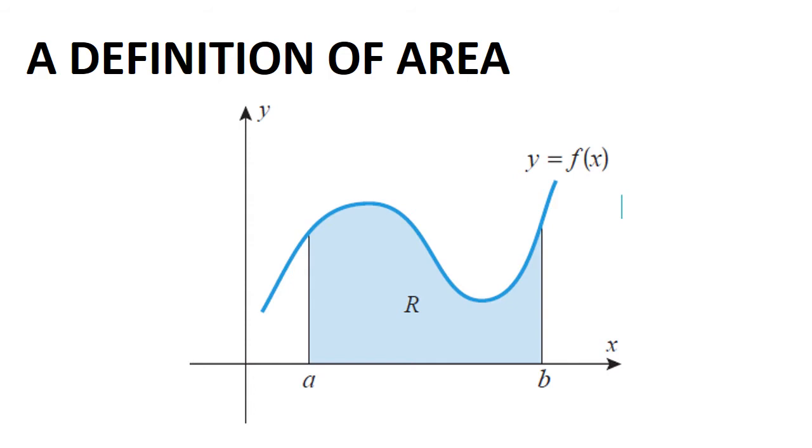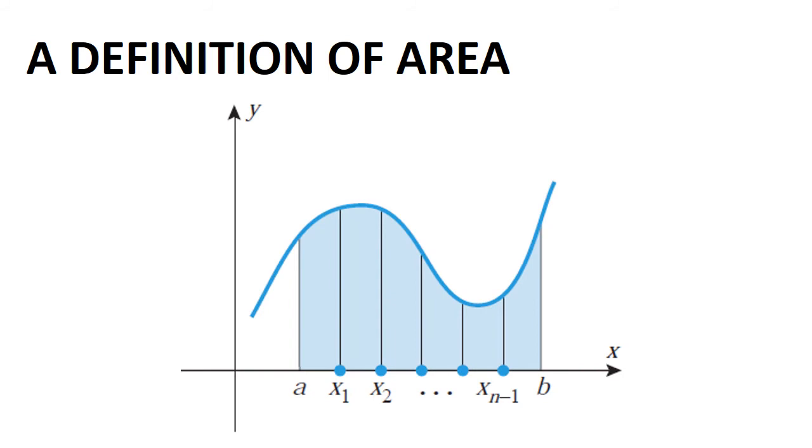For example, meron tayong area bounded by a function y equals f of x, and then sa baba, bounded by the x-axis, and from left to right, bounded siya ng x equals a, and x equals b. From the discuss natin na rectangle method, ang gagawin natin is i-divide natin yan, tama, into rectangle strips.